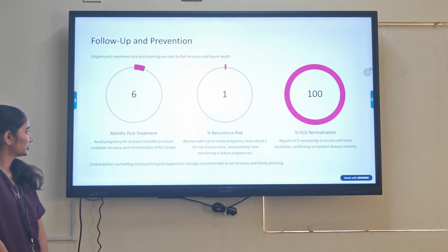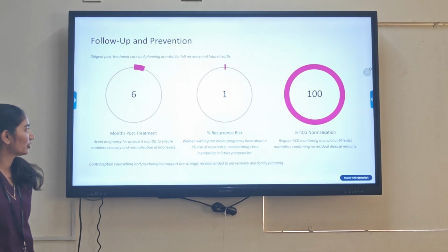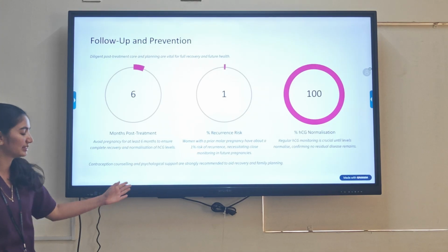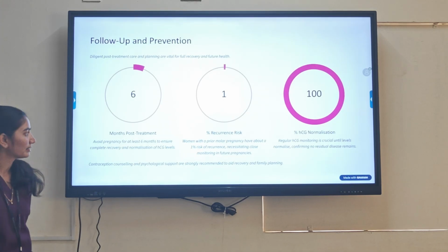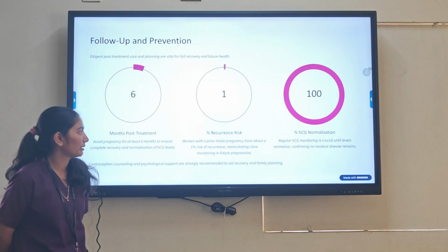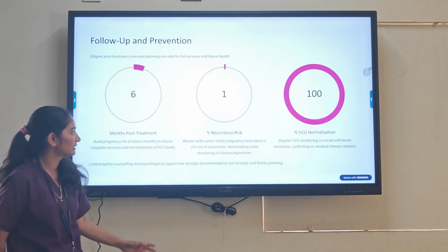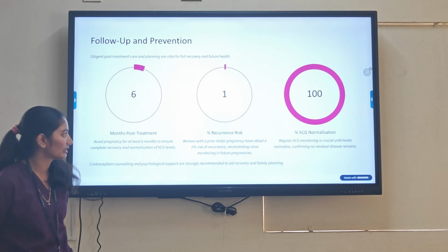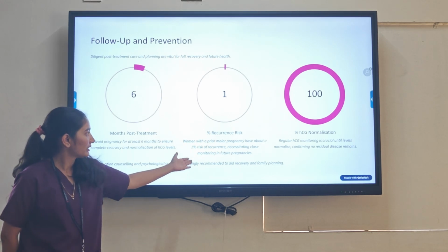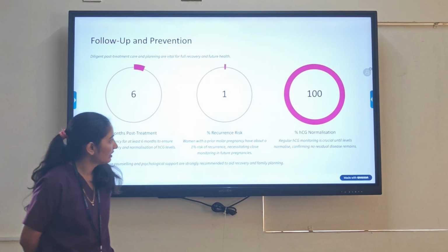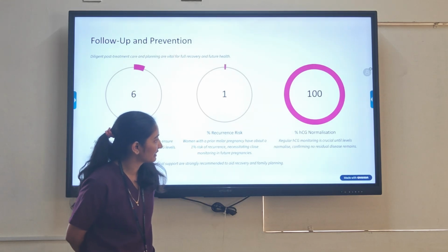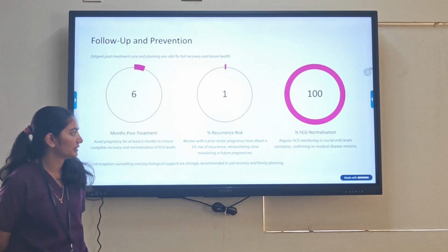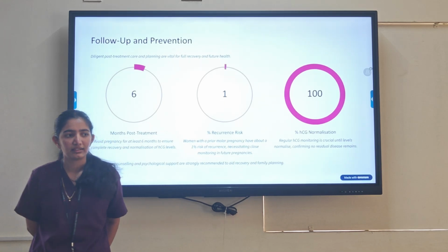Follow-up and prevention: avoid pregnancy for at least 6 months to ensure complete recovery and normalization of HCG levels. Women with prior molar pregnancy have about 1% risk of recurrence, necessitating close monitoring in further pregnancies. You should monitor HCG levels regularly until levels normalize, confirming no residual disease remains.